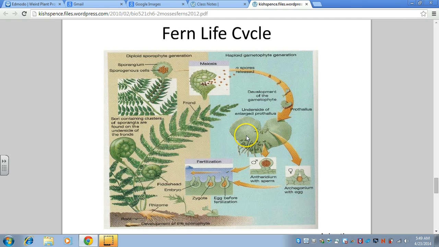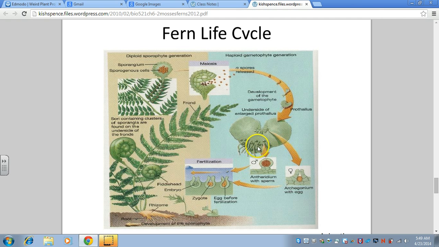Okay, and the gametophyte, we took a look at this in the earlier video briefly, but the gametophyte is kind of neat. It's a little heart-shaped green body called a prothallus. So the moss's gametophyte body that formed first was called a protonema, but this gametophyte is called a prothallus.